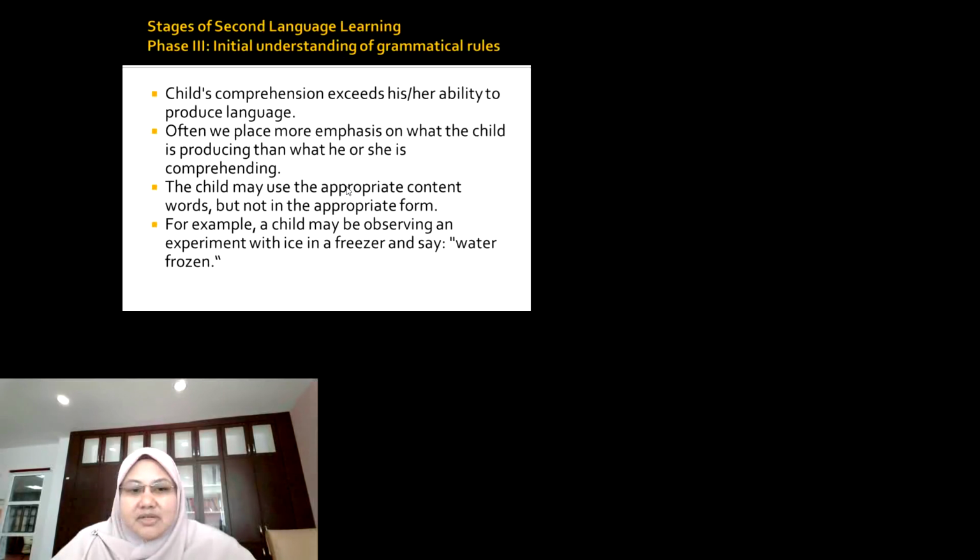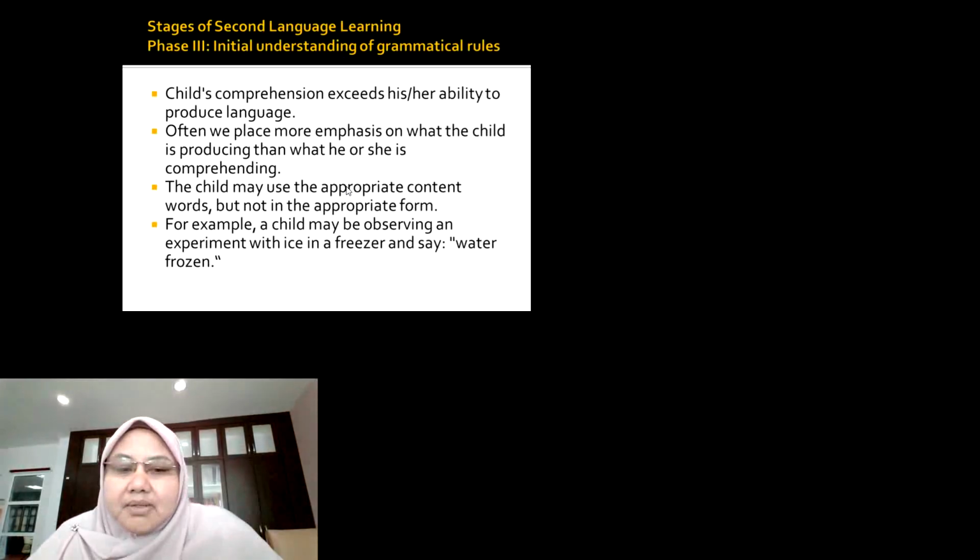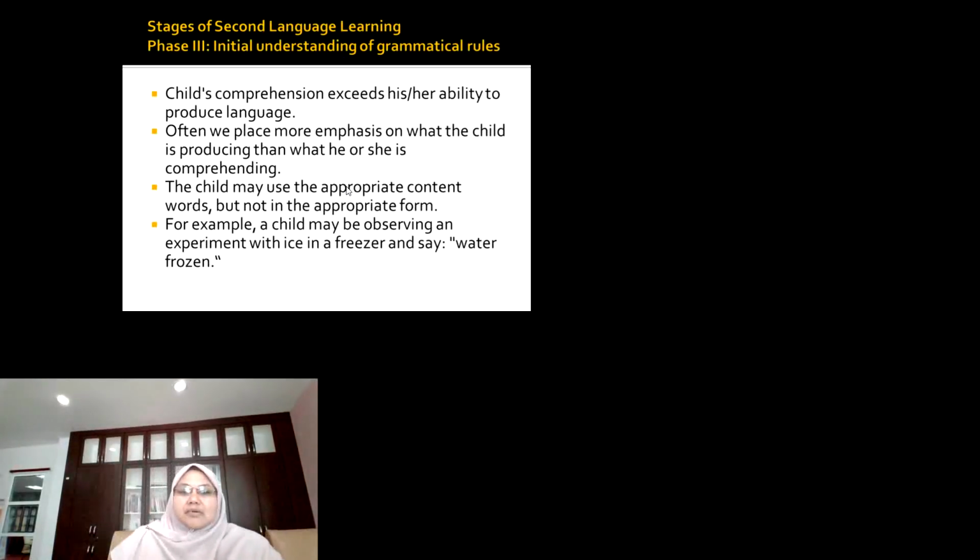ways to express themselves. And the child may use the appropriate content words but not in the appropriate form, because in English there are some grammatical rules, like we have adjective, adverbs, noun, pronoun, and so on. So these may sometimes not be in the appropriate form. For example, a child may be observing an experiment with ice in the freezer and say "water frozen", where the right form should be "frozen water".